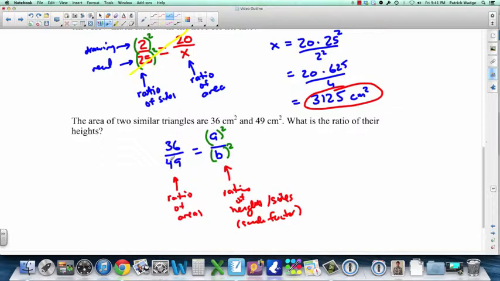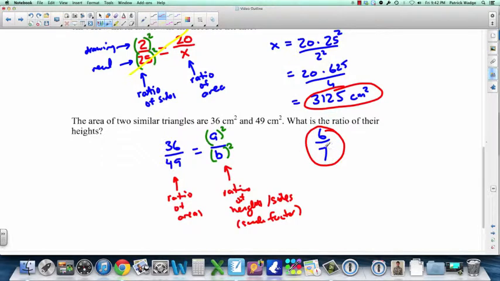Now, these are wonderful numbers, because which number squared is equal to 36? 6. What number squared is equal to 49? 7. So this is your ratio of heights, or your ratio of sides, or your scale factor even, right?